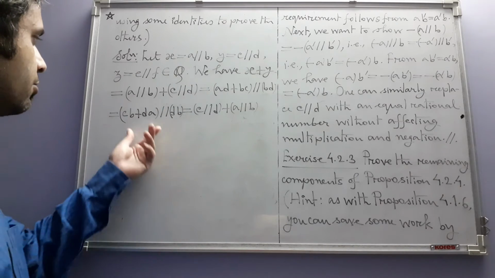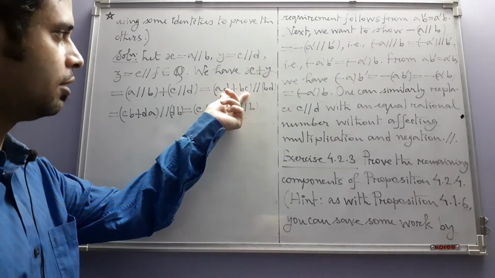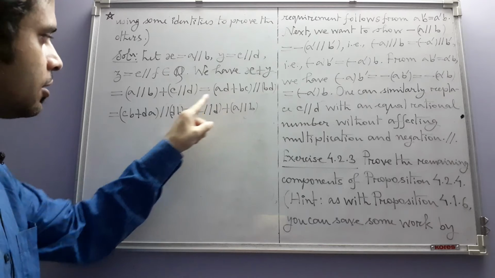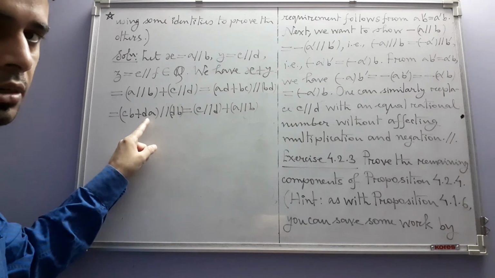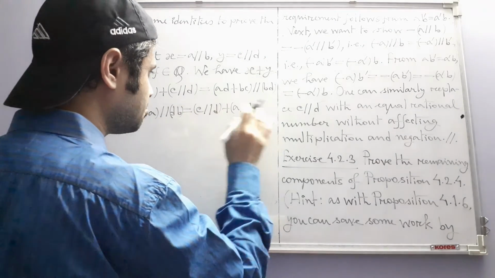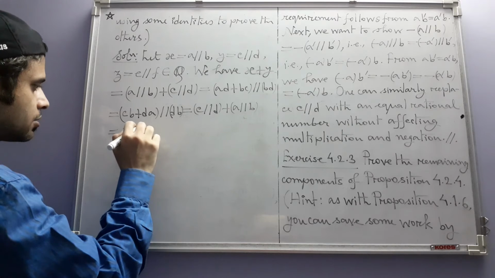We have been able to write this expression involving integers like this because multiplication of integers is commutative and so is addition, and this is equal to c by d plus a by b, so this is equal to y plus x.